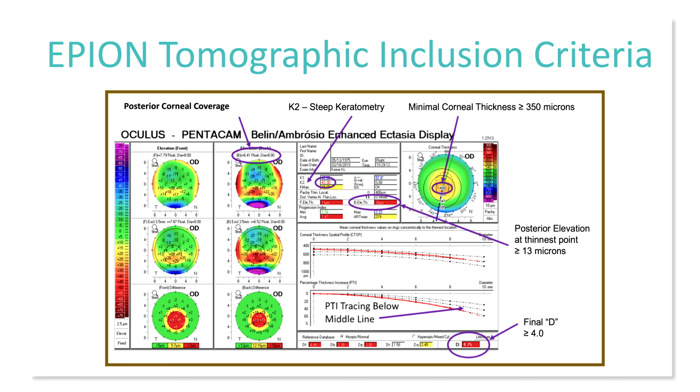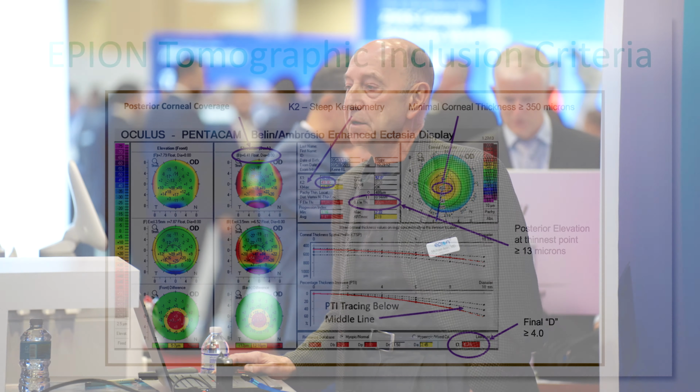But to make it specific for keratoconus, we also require a posterior elevation at the thinnest point of 13 microns or greater. And we require a percent thickness increase tracing at midline or lower.